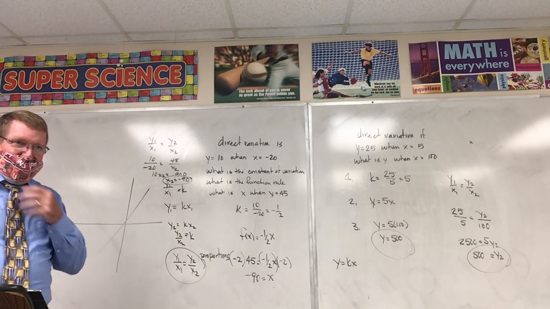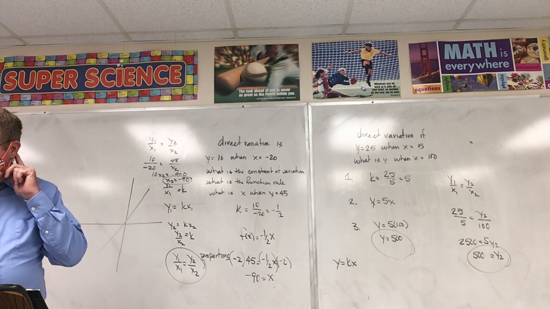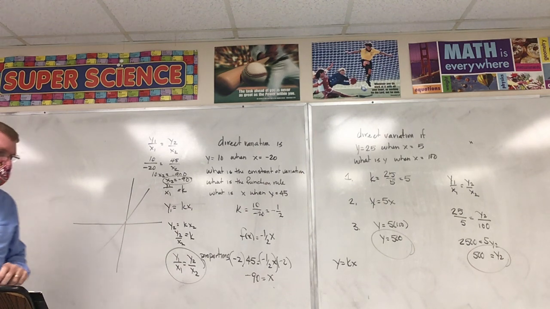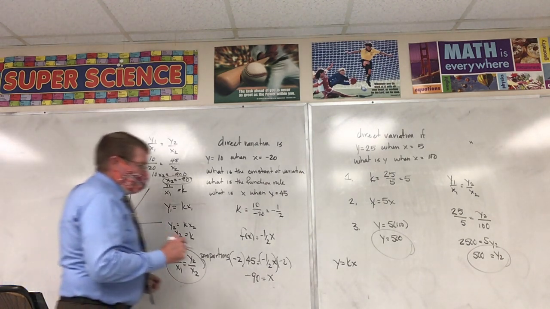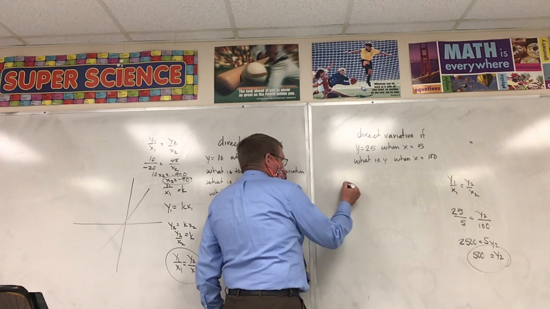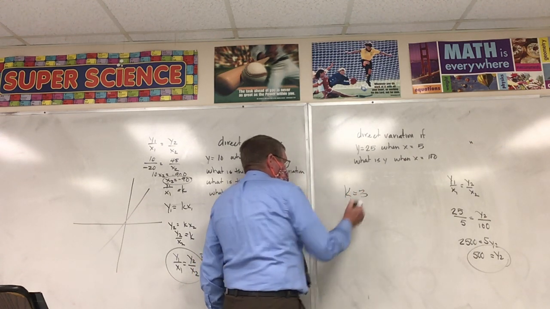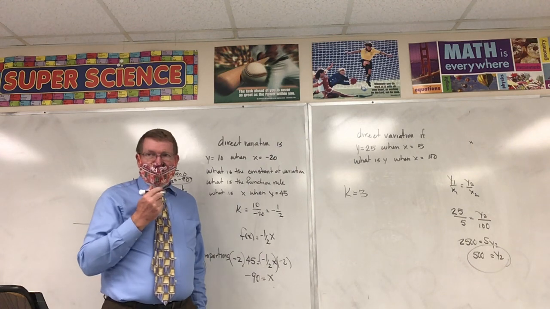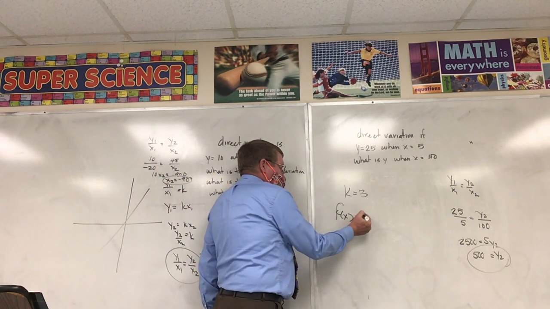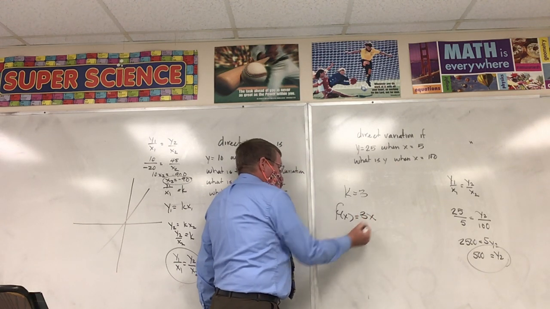First of all, I need to find my k. How do I find my k? Y divided by x. So in that case here, k equals 3. So my function rule is y equals 3x.